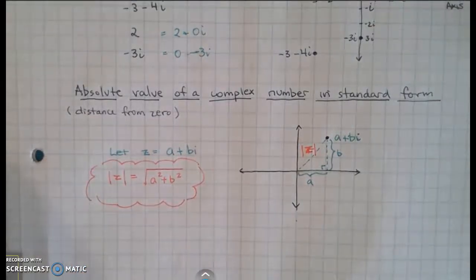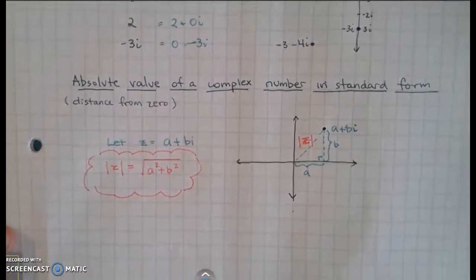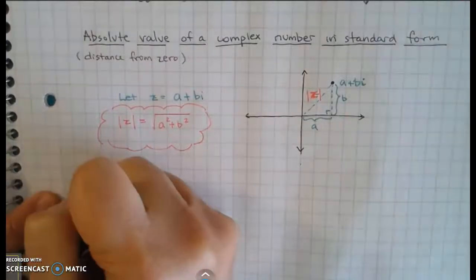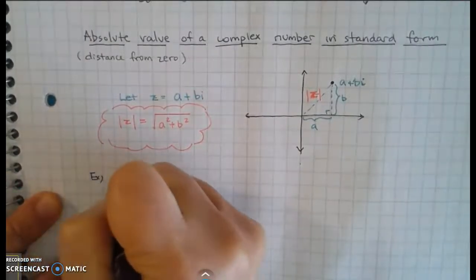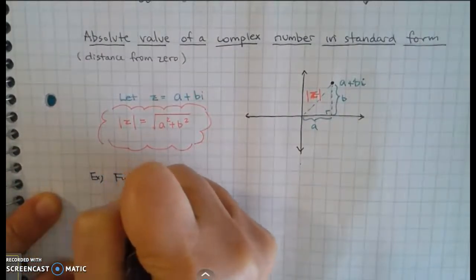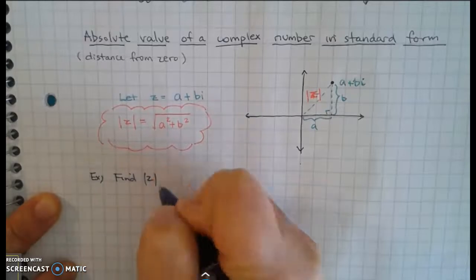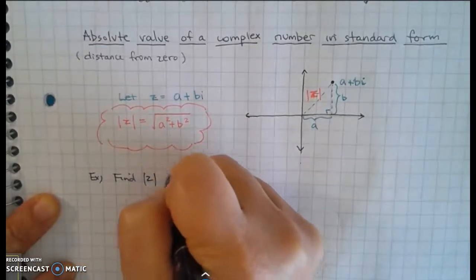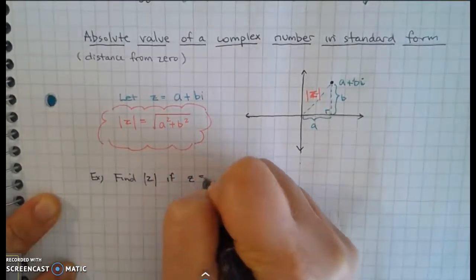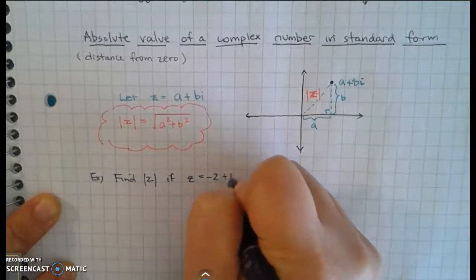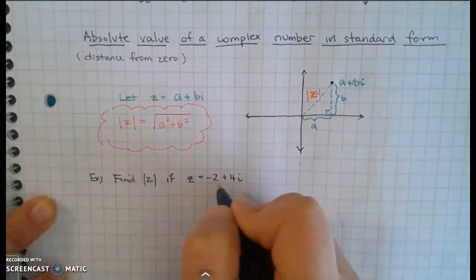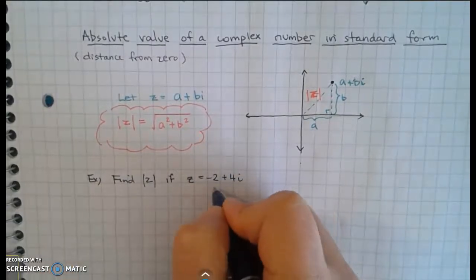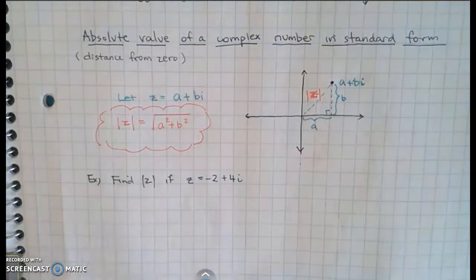So let's try to do some examples with that formula. Example: find the absolute value of z if z is defined as -2 plus 4i. So it's a complex number that has a value of -2 plus 4i.